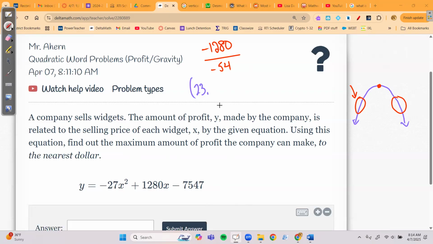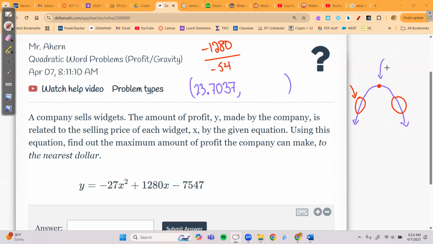I'm going to go with 4 decimal places, which ought to be enough. So this is 23.7037. The question is, if I sell my widgets for that much, what will my profit be? That, of course, is going to come from finding the Y value of that vertex right there.